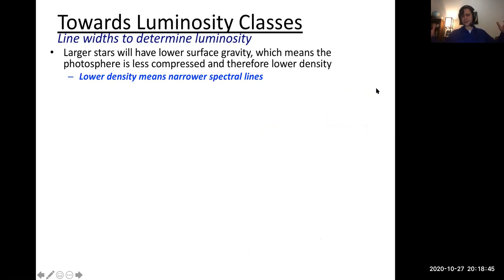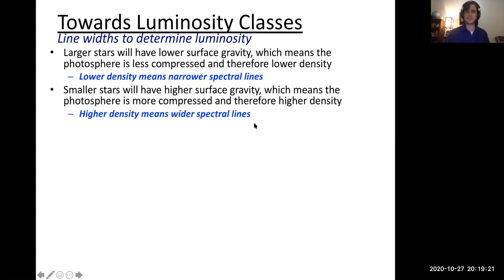So it's really, really puffed out, which means that it has low surface gravity, that means that gravity is not pulling very hard on the material in the photosphere, which allows that material to stretch out and be low pressure. So low surface gravity means the photosphere is less compressed and therefore lower density. Lower density, lower pressure. Oh, lower pressure, then that means that you'll have less pressure broadening, you'll have narrower spectral lines.